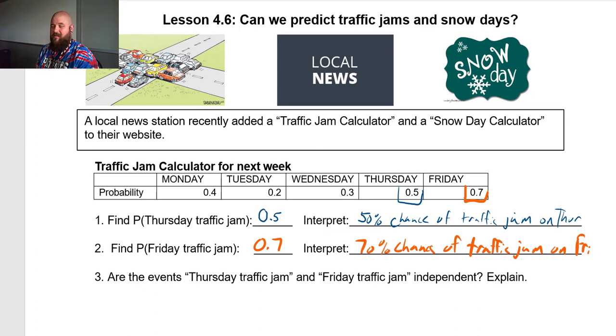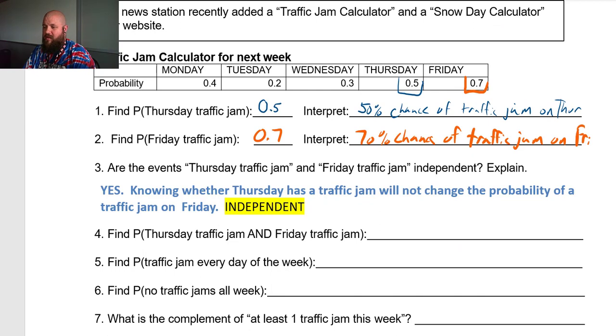Well, yes. Knowing whether or not Thursday has a traffic jam will not change the probability of a traffic jam on Friday. They are independent of each other.